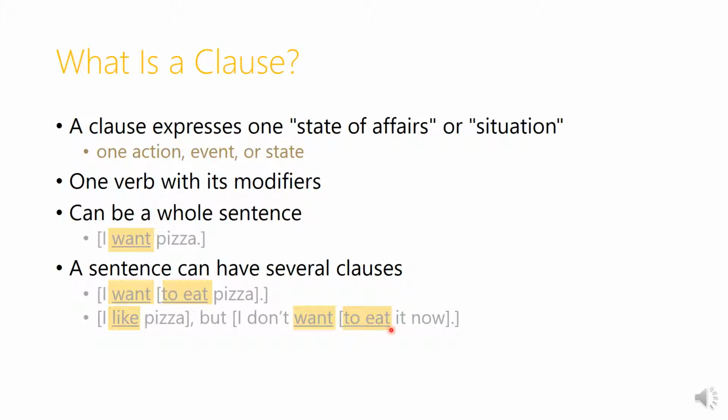Because we have another verb there, it's another inner clause. So clauses, as you can see, can be set side by side. I like pizza, I don't want. And clauses can also be nested one inside the other. I don't want to eat it now. I want to eat pizza.